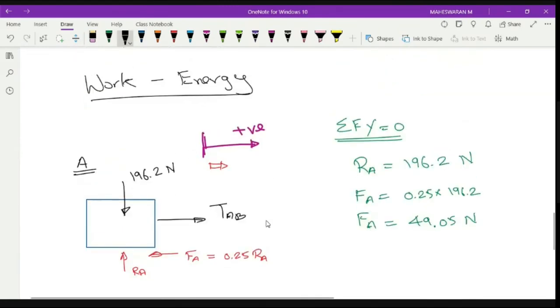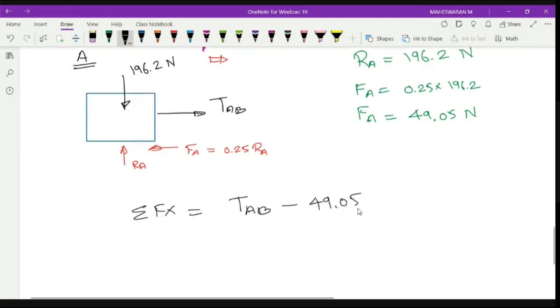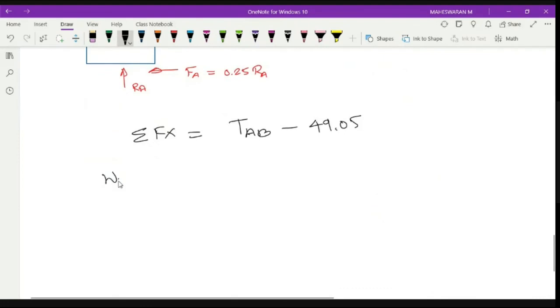This is positive term, so TAB minus your friction force 49.05. This is my Fx. So in that case, I can identify what is my work done. Work done is TAB minus 49.05 into SA, right?